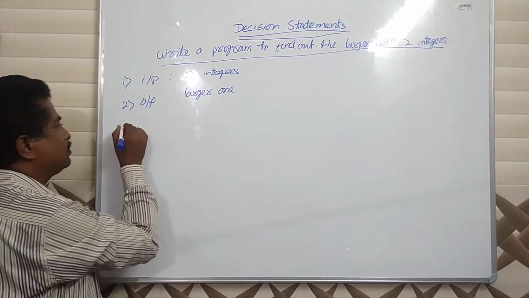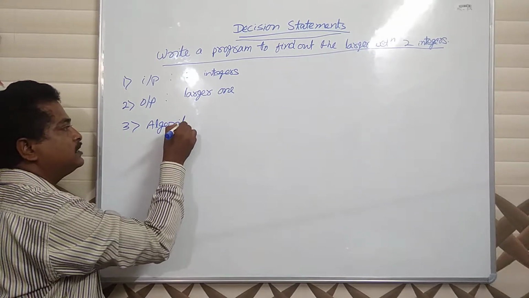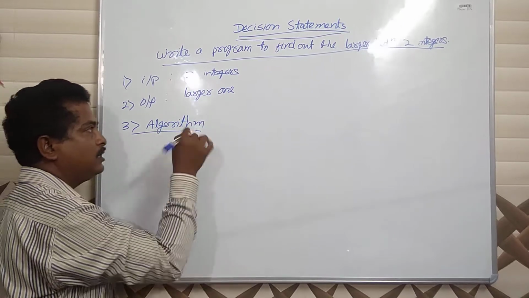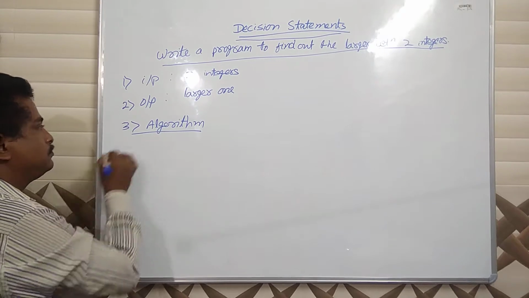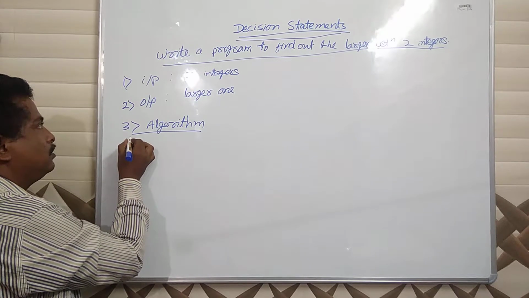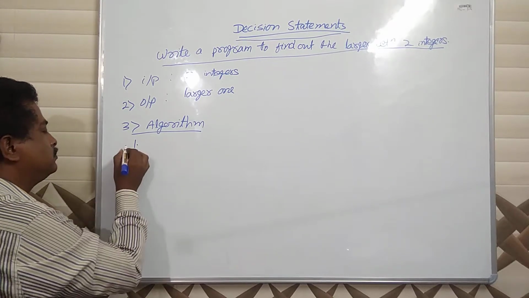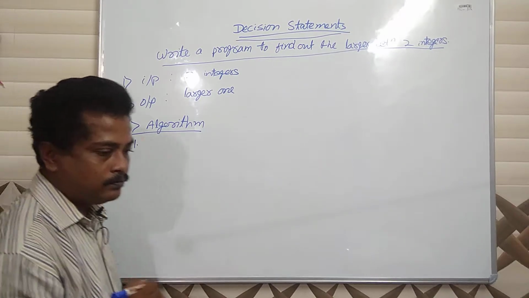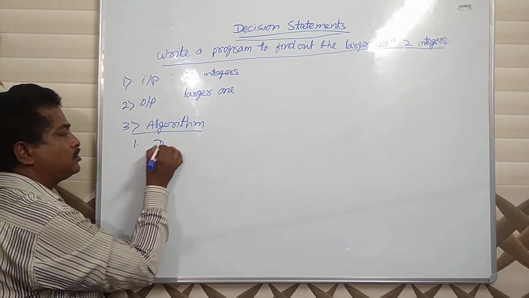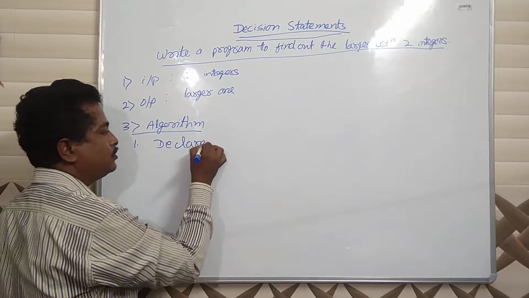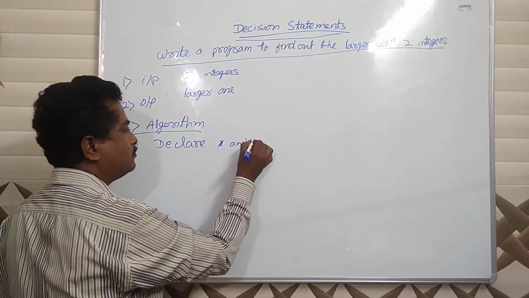Now come to the algorithm, step 3. As I told you, these steps are the same for all the languages. In the step 3 algorithm, our first step is input. For input, first we have to declare the variables, declare x and y.